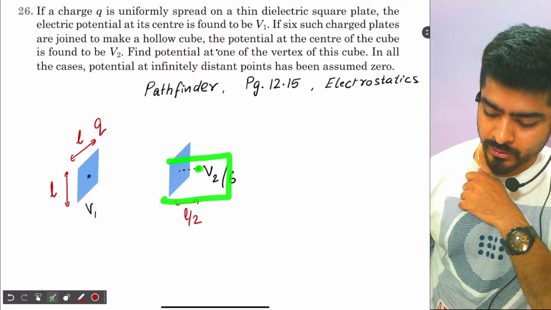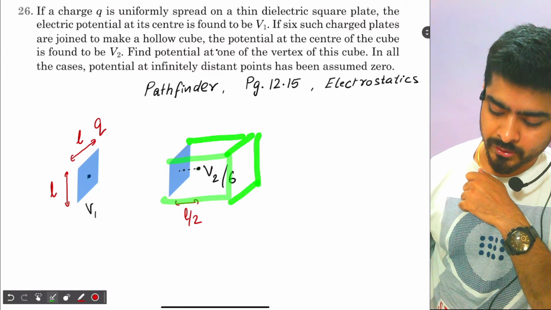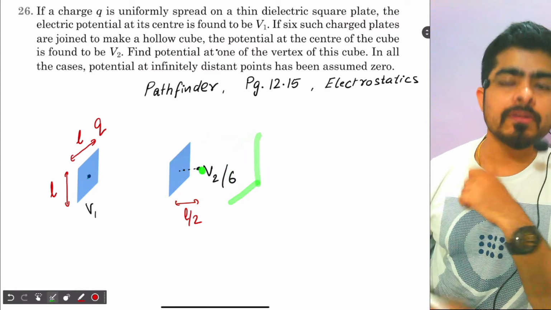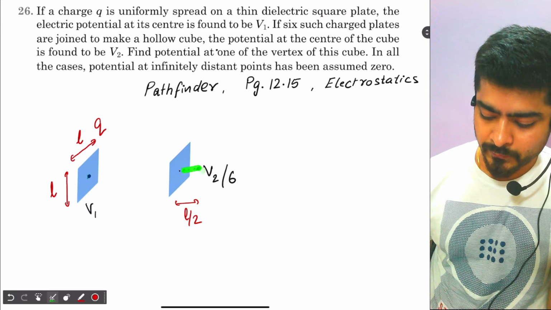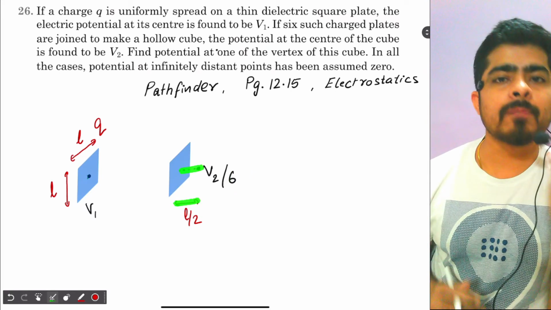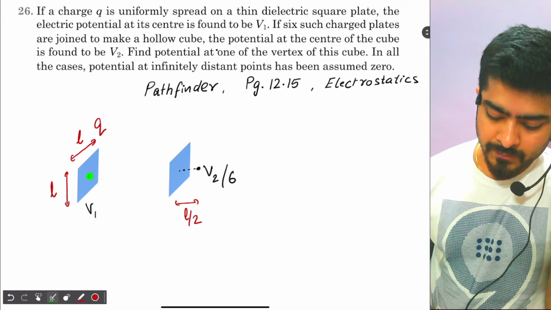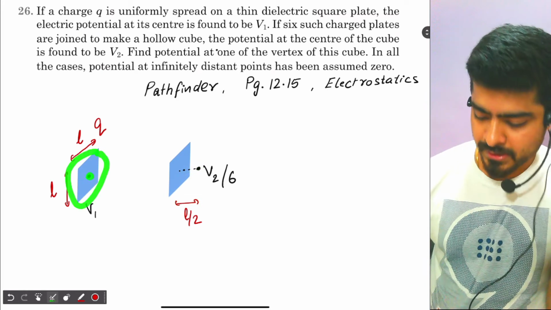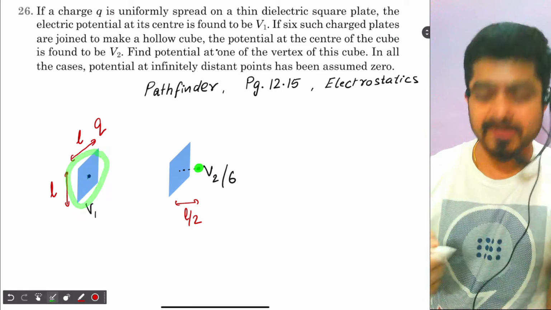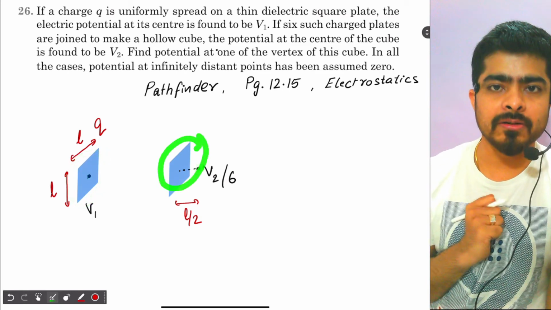If you draw the cube like this, the cube has side L, so the center of the cube will be at a distance of L by 2 from the face of the cube. So here we have potential V1 due to this plate, and here we have potential V2 by 6 due to the same plate.